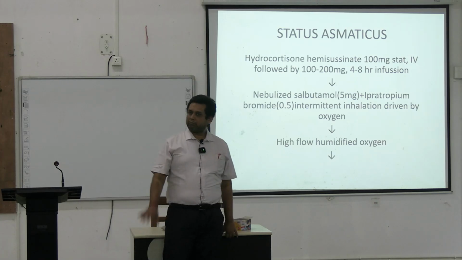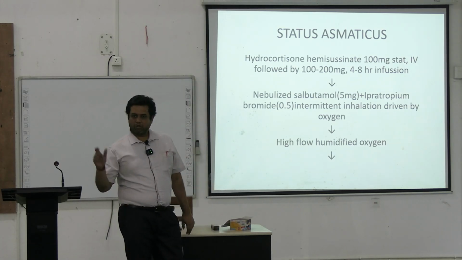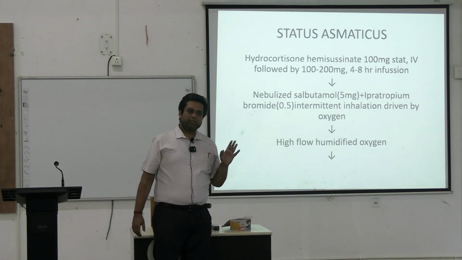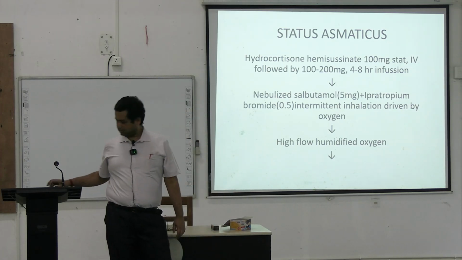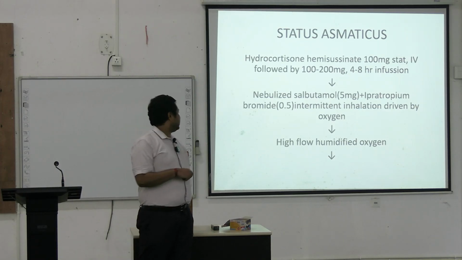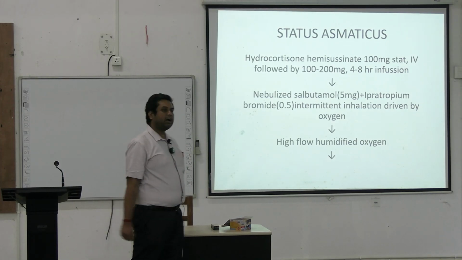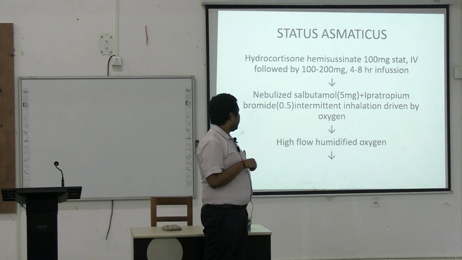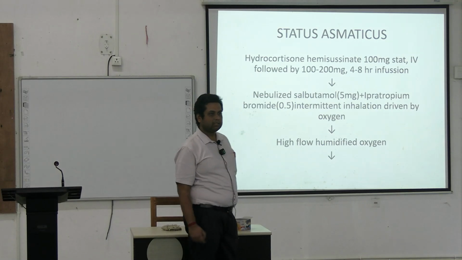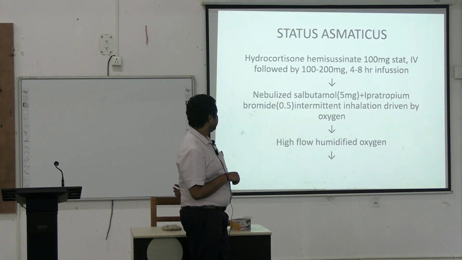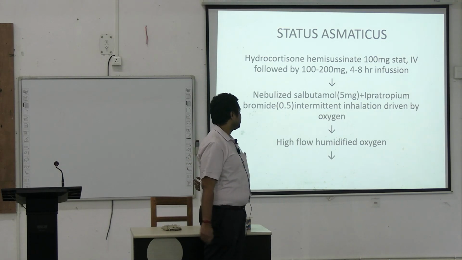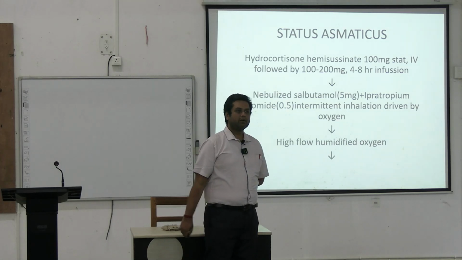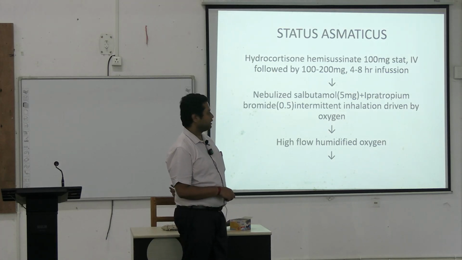What drug you are going to apply, their dose, their route of administration, and in which sequence they are going to be applied, all have to be there. বুঝলি? তো নম্বর পাবি না নয়তো। তাহলে কি, প্রথমে hydrocortisone, ঠিক আছে, 100 mg IV, ঠিক আছে. Next nebulized salbutamol and ipratropium bromide, then high flow humidified oxygen, ঠিক আছে.